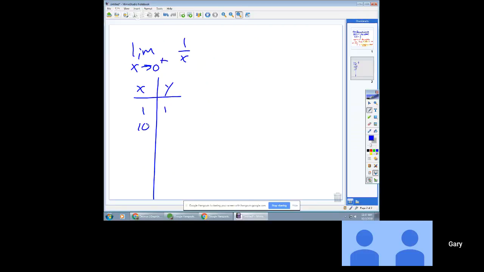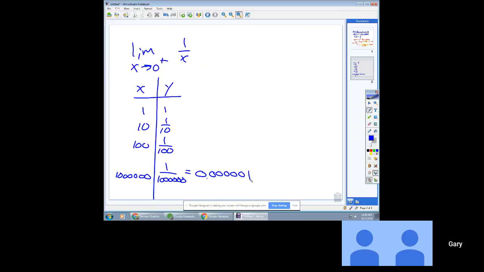If we plug in 10, the reciprocal of 10 is 1/10. We plug in 100, the reciprocal of 100 is 1/100, and so on down the line, right? If I plug in 1,000,000, what's the answer? 1 over 1,000,000.